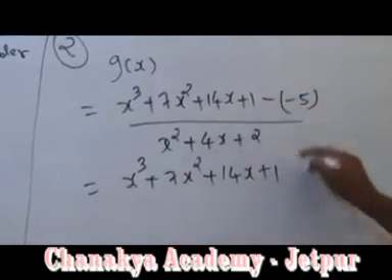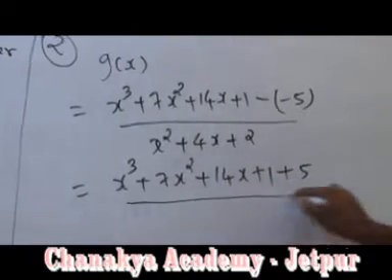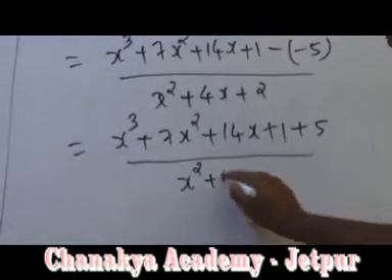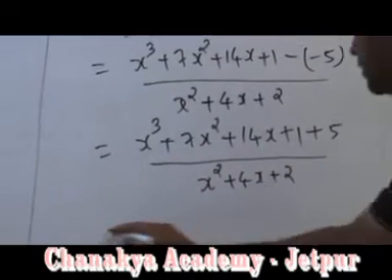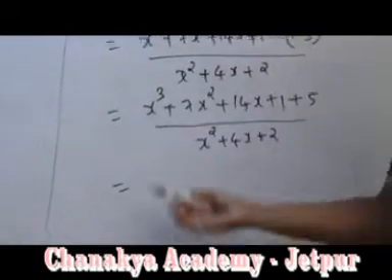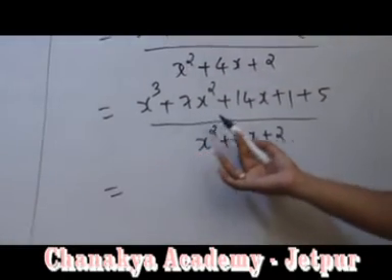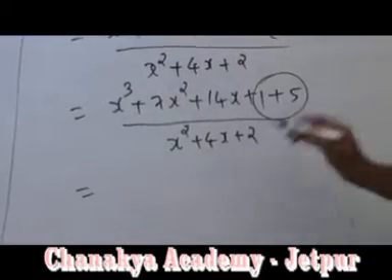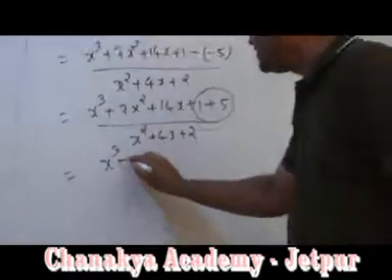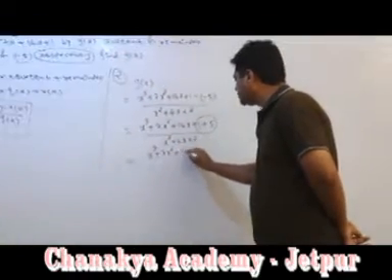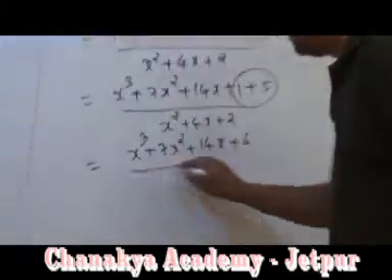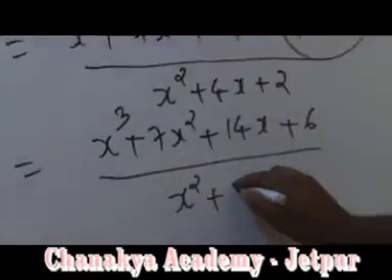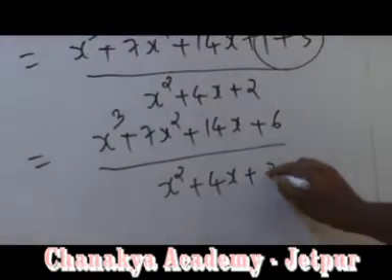Now there is no like term for x cube, 7x square, or 14x; there are just two constants. Adding these two constants, we get x cube plus 7x square plus 14x plus 6 divided by x square plus 4x plus 2.